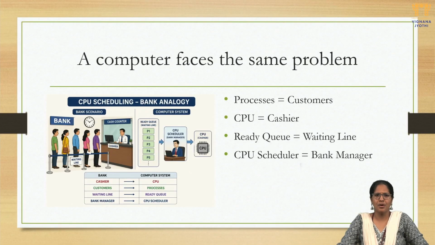Instead of customers, we have processes waiting to execute. The cashier represents the CPU because both can serve only one task at a time. The waiting line represents the ready queue where the processes wait for CPU allocation. Finally, the bank manager represents the CPU scheduler, which decides which customer, in our case which process, should be served next.